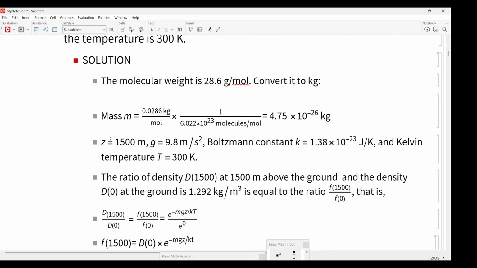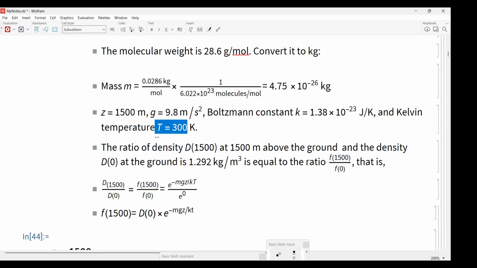Then our z here is the vertical distance, 1,500 meters. Acceleration due to gravity, 9.8 meters per second squared. The Boltzmann constant here, and the Kelvin temperature, 300 Kelvin.